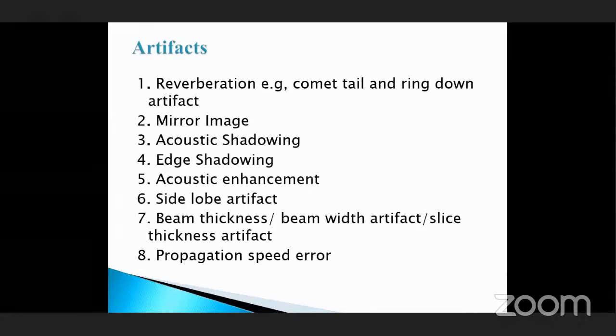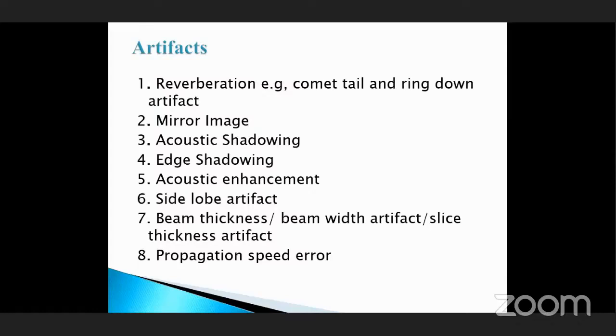As I told you, the ultrasound waves travel at different speeds in different soft tissues. So whenever an area is beneath two portions, one portion in which the ultrasound waves travel at a faster speed, and an adjacent area in which the ultrasound waves travel at a lesser speed, the area where the ultrasound waves reach first will be depicted closer to the transducer as compared to the area where the ultrasound waves reach later.